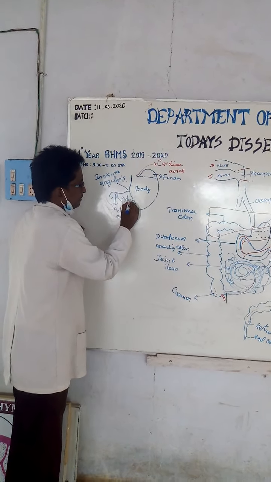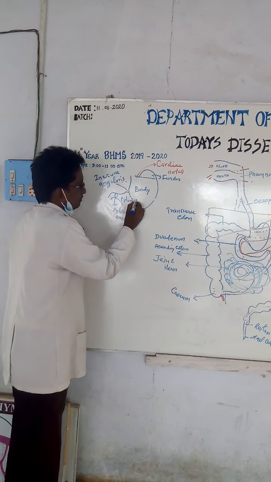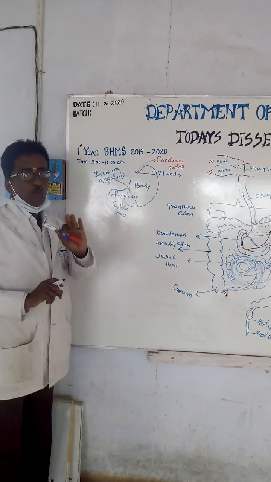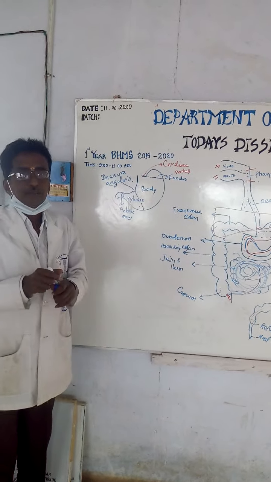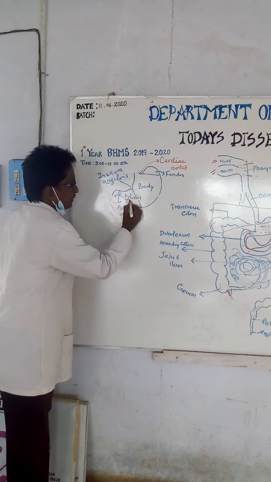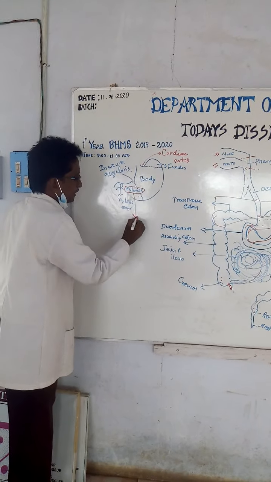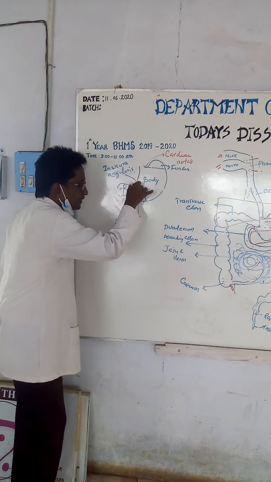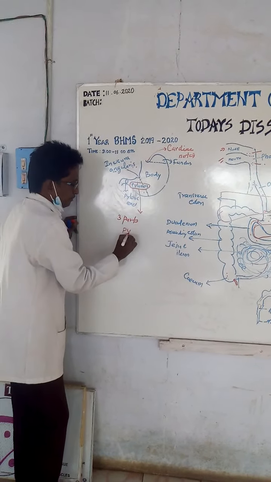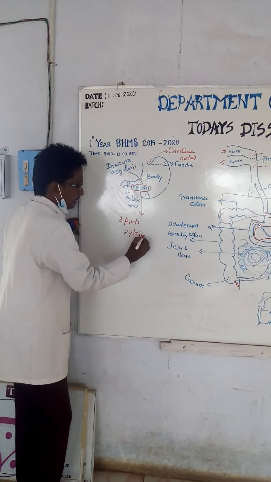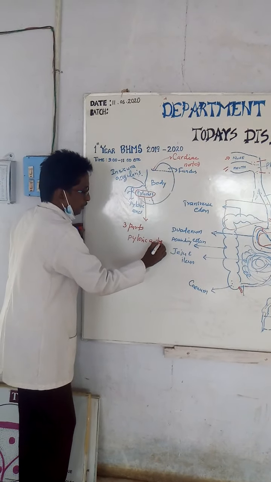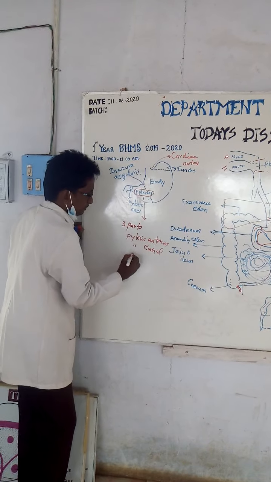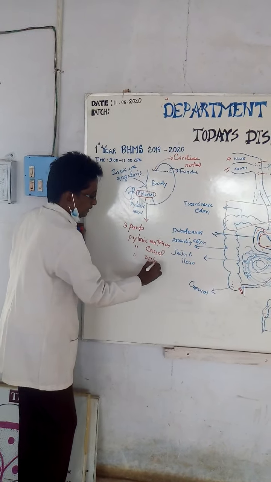Pylorus, P-Y-L-O-R-U-S. One more thing is very important. The pylorus itself is divided into three parts: pyloric antrum, pyloric canal, pyloric sphincter.